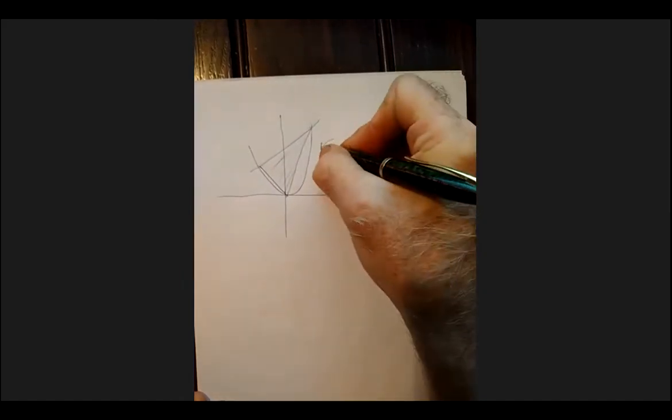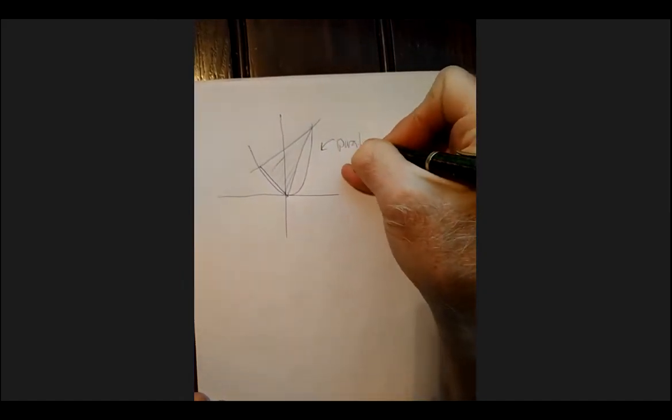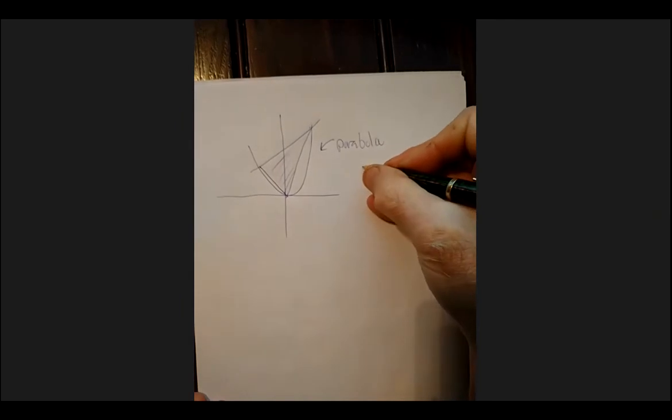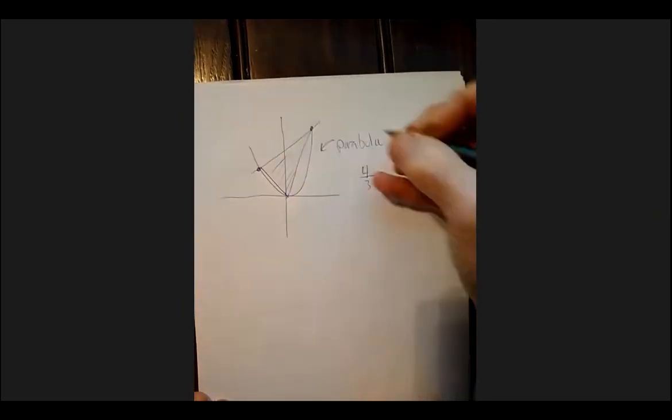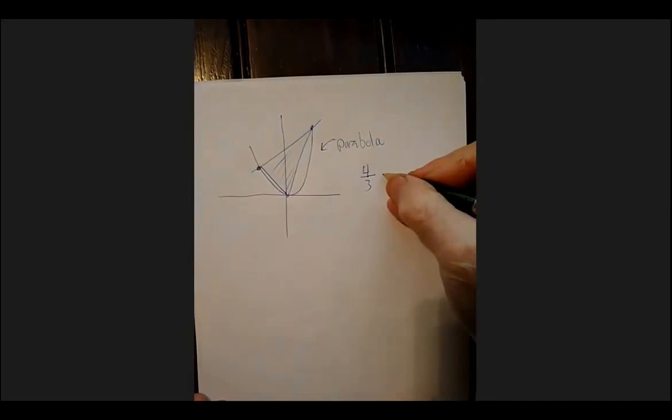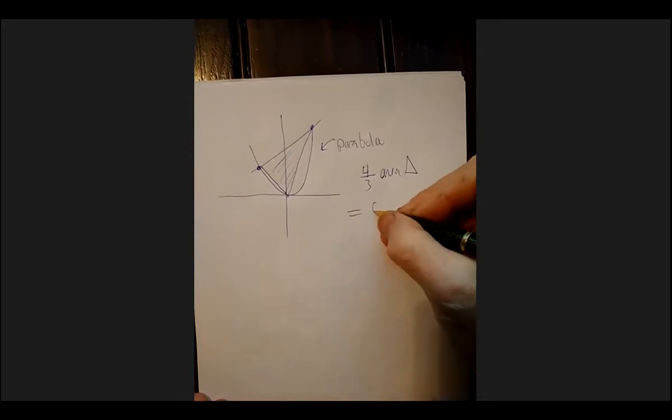So this is a parabola. And he showed that 4/3, these are just two random points, that 4/3 the area of this triangle is equal to the area under the curve.